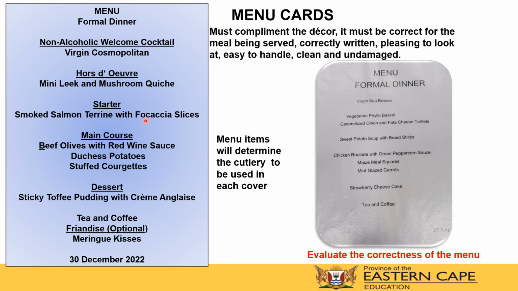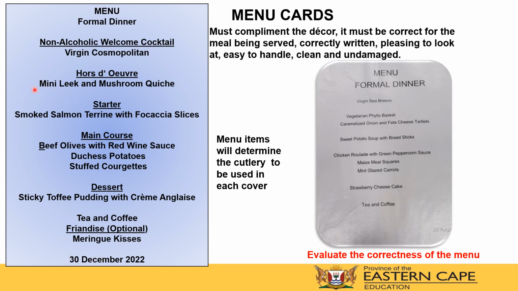You must be able to see the different types of courses. For example, you've got your hors d'oeuvre, your starter, your main course, your dessert. Whereas on the menu on the right hand side, you cannot see the division, you cannot see the different courses.